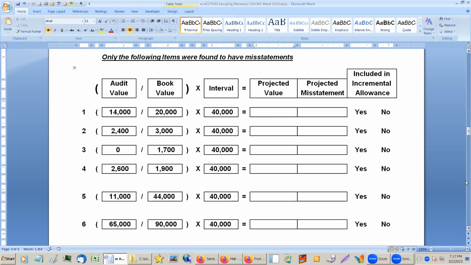It equals 40,000. It's 28,000. And the projected misstatement is how much?